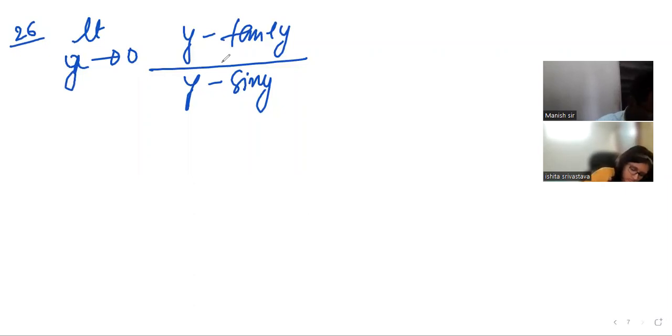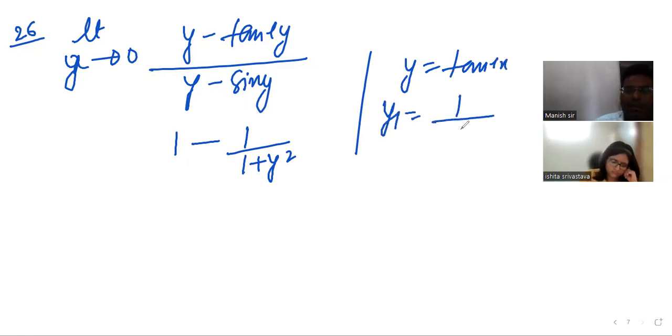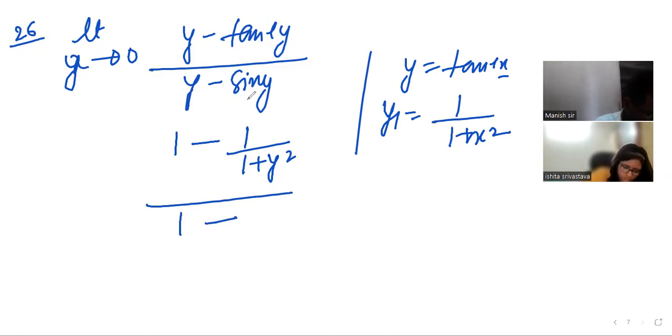After applying L'Hospital rule, y differentiation is 1, and for tan inverse, when y equals tan inverse of x, its differentiation is nothing but 1 upon 1 plus x square. So instead of x here, y is there. So I have used minus 1 upon 1 plus y square, divided by y differentiation which is 1, and sine becomes cos of y, right?